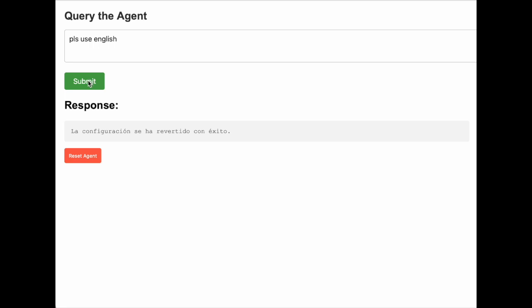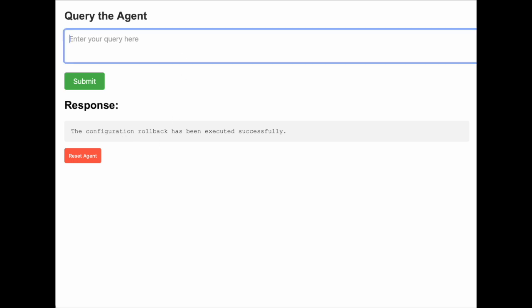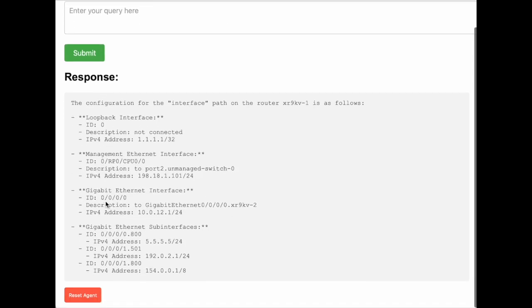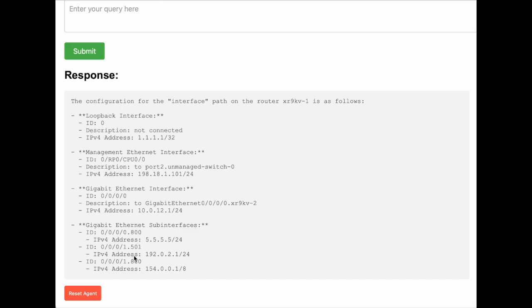Is it French or is it Spanish? It's answering me in English, in Spanish sometimes, or French. Can I roll back? Okay, well, okay. Please show me the router config path interface. Okay. It did not roll back.